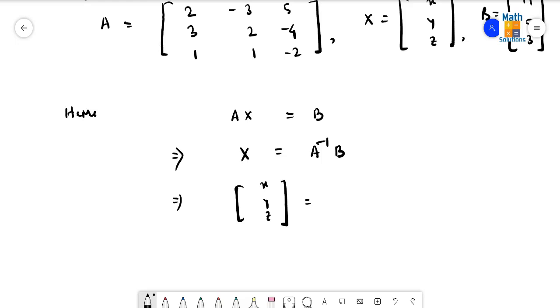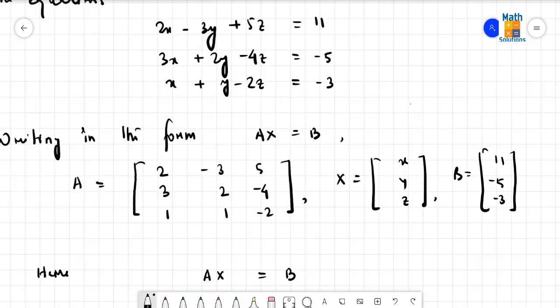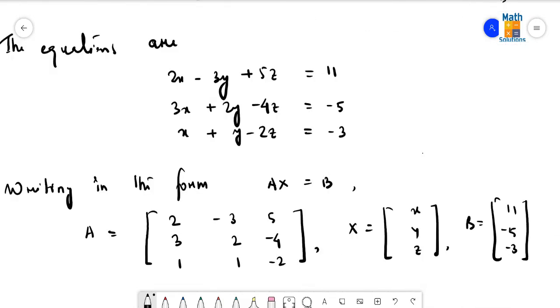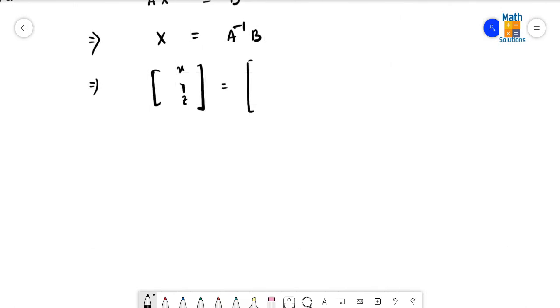The result we already got is 0, 1, minus 2, then minus 2, 9, minus 23, then minus 1, 5, minus 13.